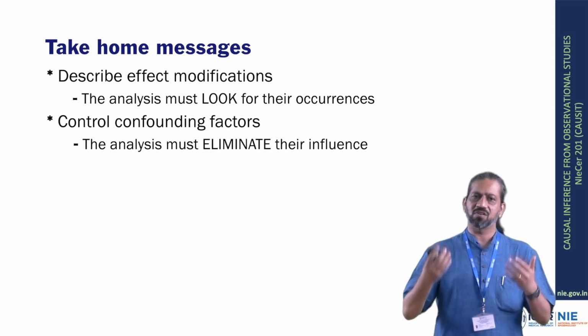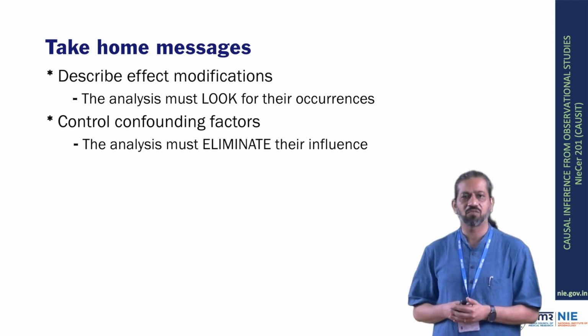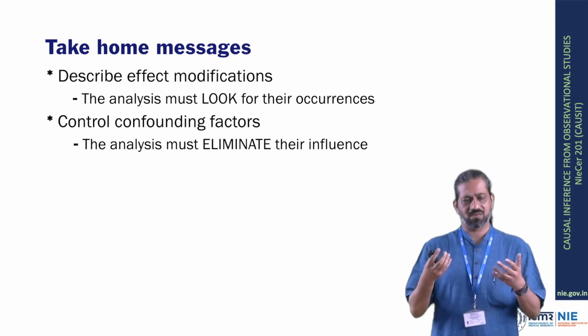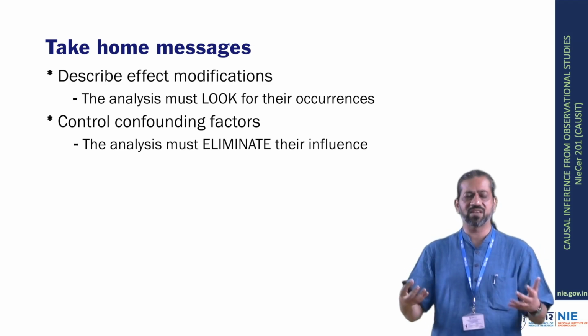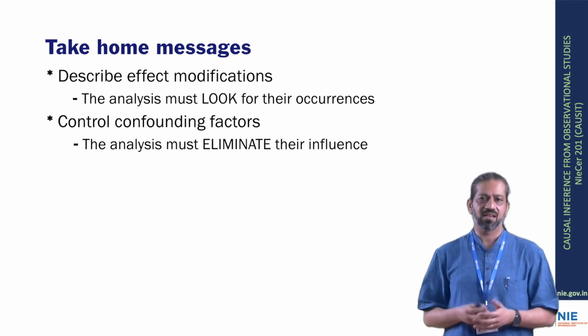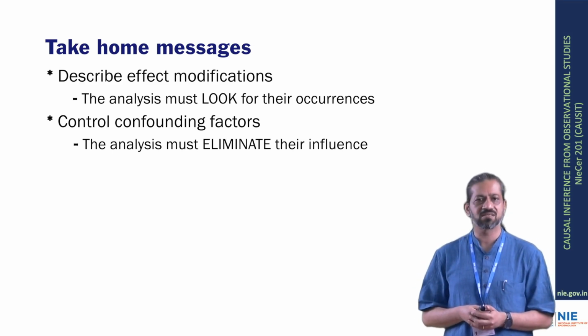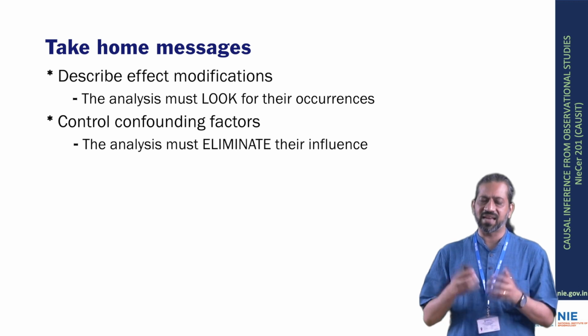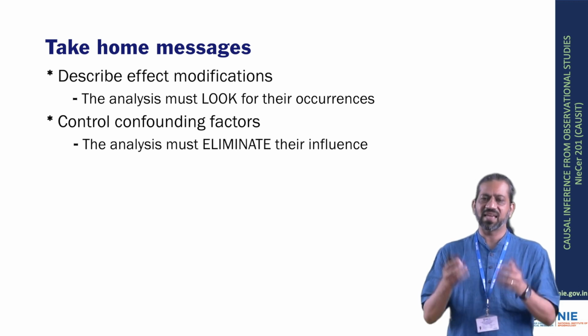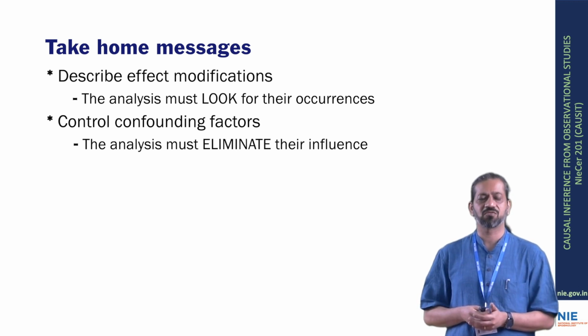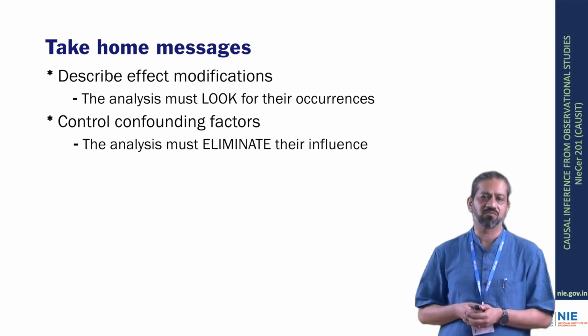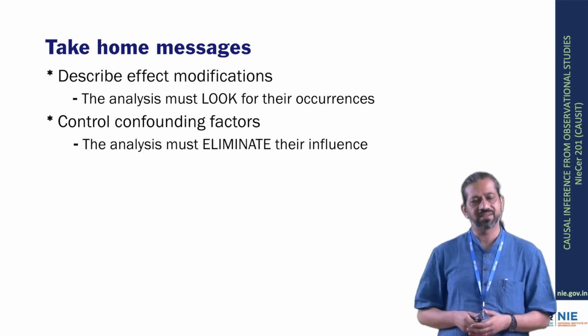However, of course, we would also want to look for confounding, because confounding factors would always be present, especially in observational analytical studies. But here, the analysis should be such that we eliminate the effect of the confounder, we adjust for the confounder, and we report the adjusted measure of association.